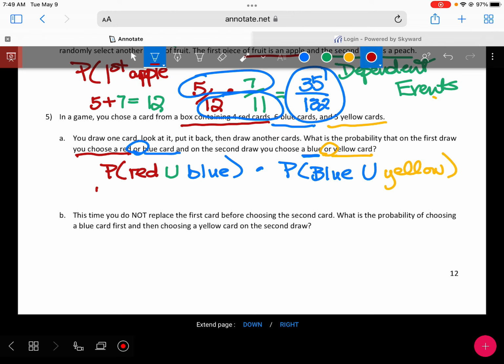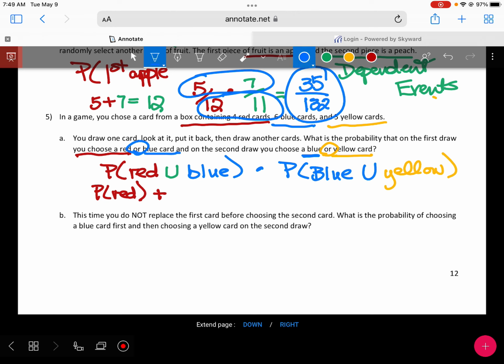So we need the probability of red plus, and this is the only time we have addition almost. Most of the time we're multiplying.